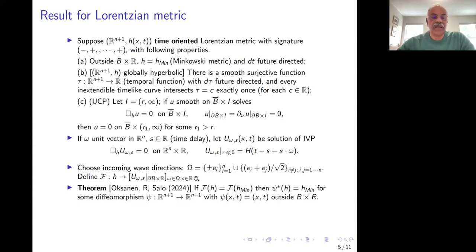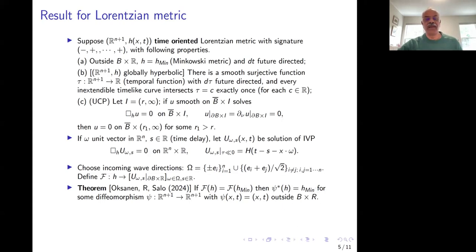And of course, we need to know whether F is injective or not. And so this is again with Lauri and Mikko. We prove that, assuming h satisfies this ABC condition, if the data for h agrees with the data for the Minkowski metric, the standard wave operator, then h is equal to the Minkowski metric up to a diffeomorphism, which is the identity outside that cylinder.